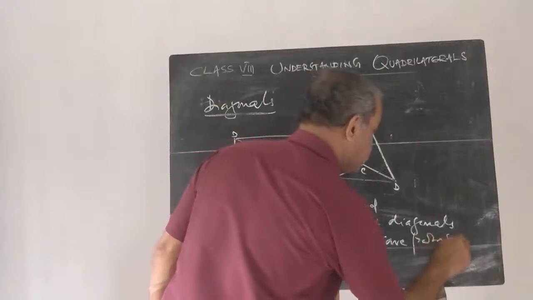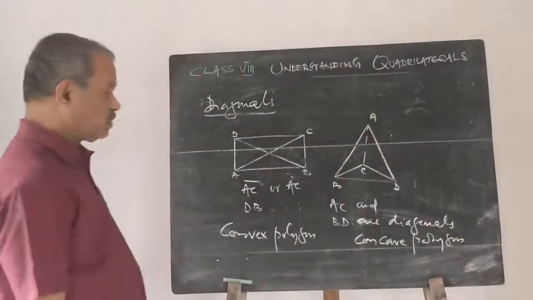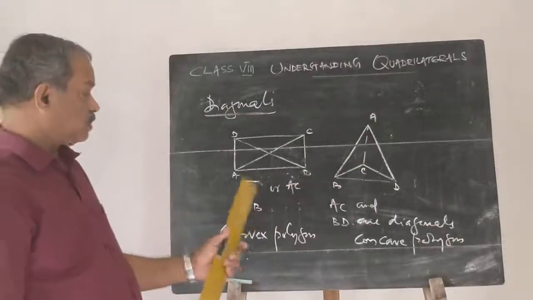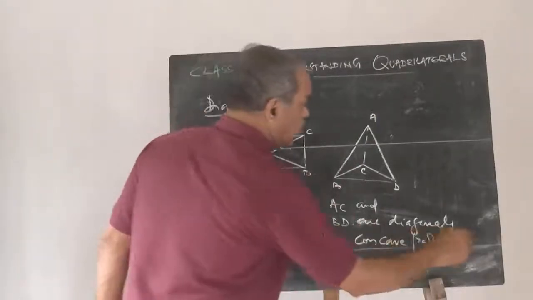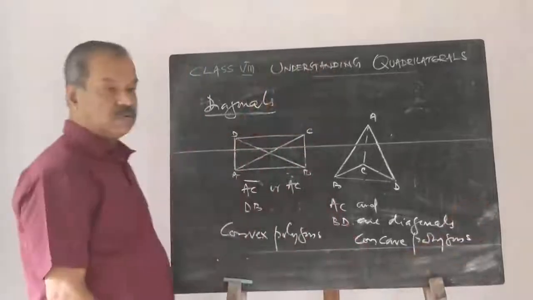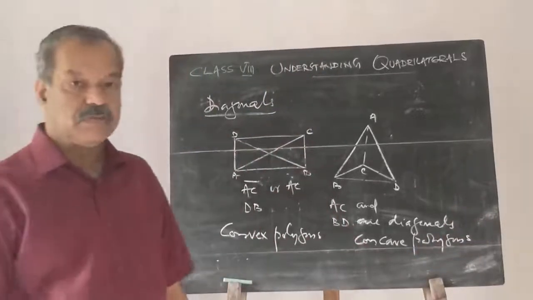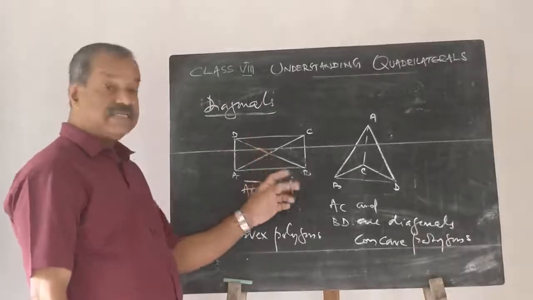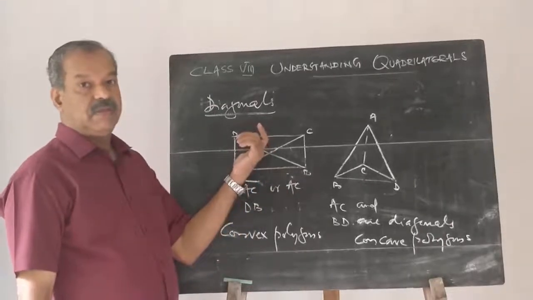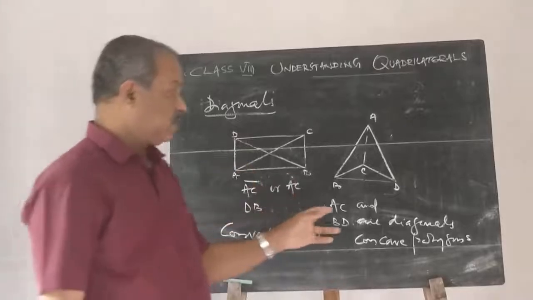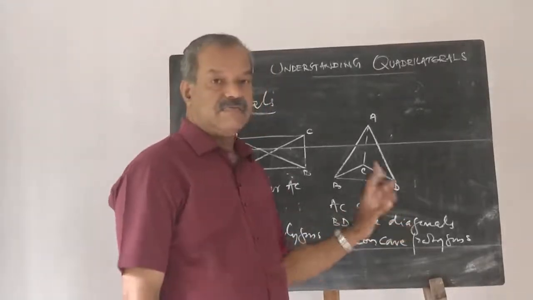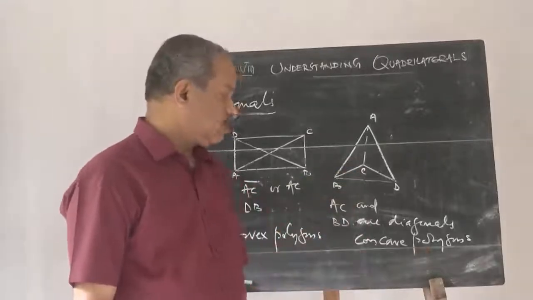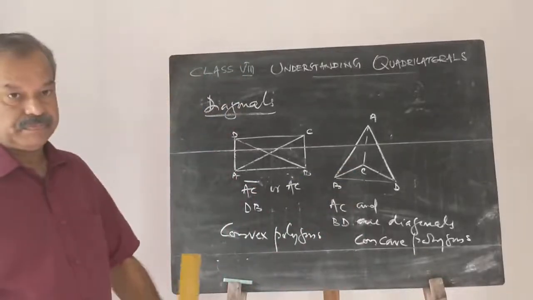What are convex polygons? Polygons having all the diagonals inside it. And if a diagonal of any polygon is outside, then such a polygon is called a concave polygon.